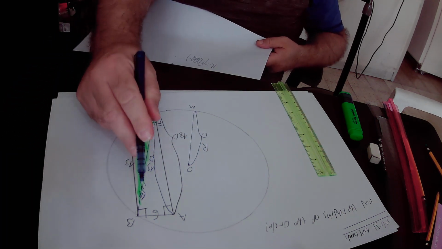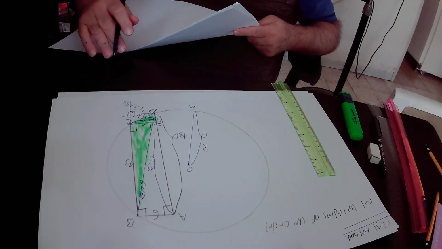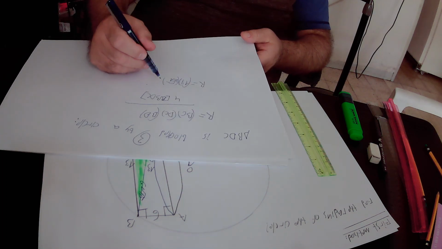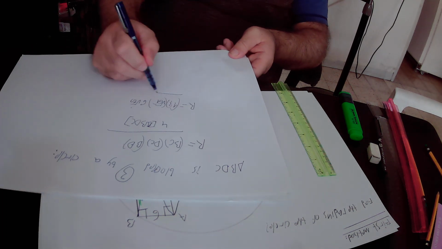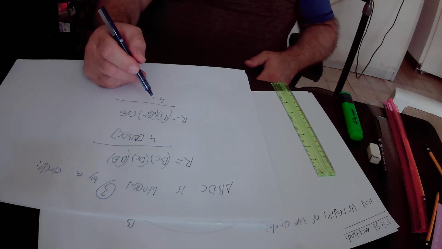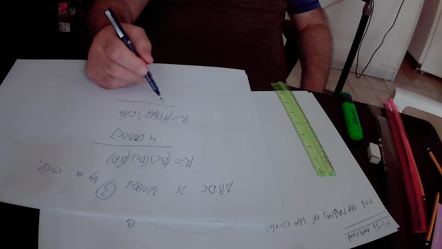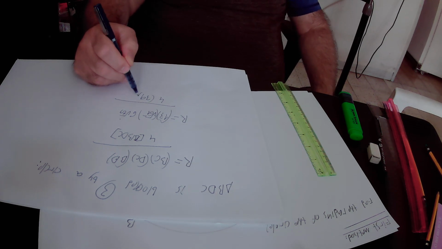The length of side BD of the green triangle BDC is equal to 6 times square root of 10 units. All divided by 4 times the area of triangle BDC. And we have already found out that the area of triangle BDC equals 39 square units.